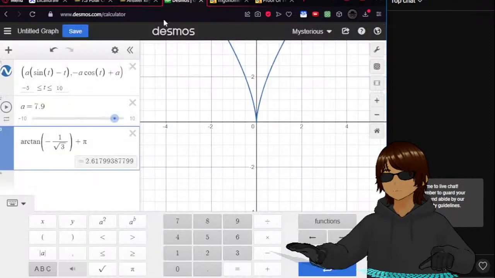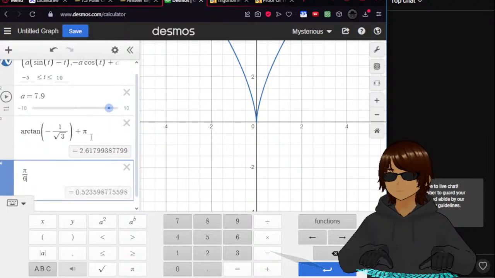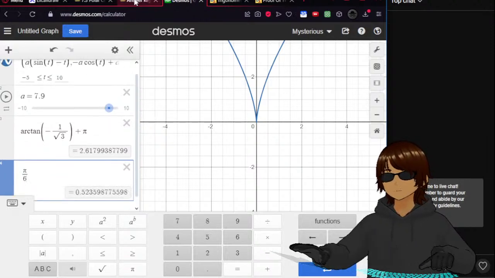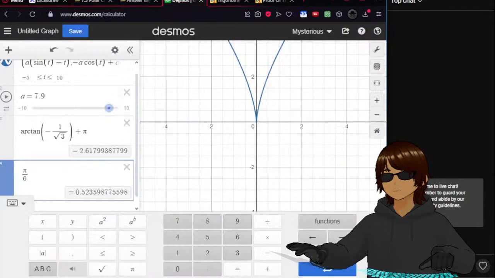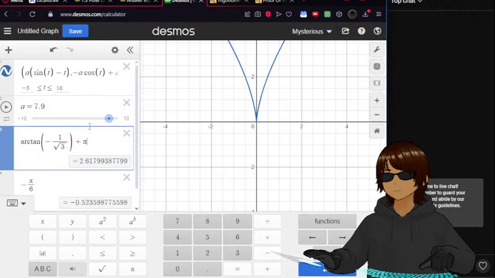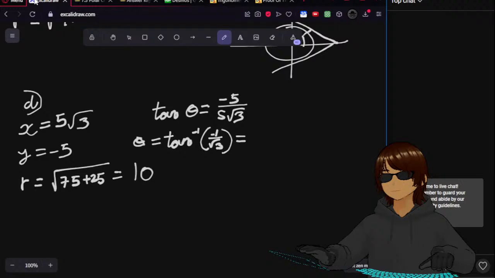6 minus pi over 6. Why does it say minus pi over 6? Oh, yeah. Because it's in the fourth quadrant.